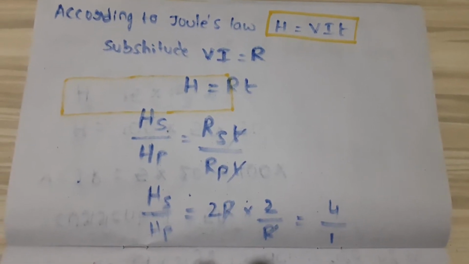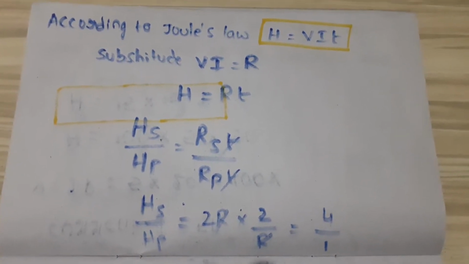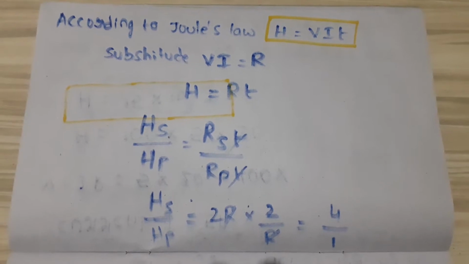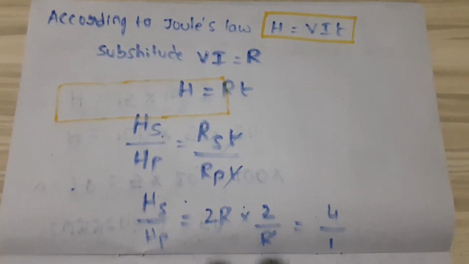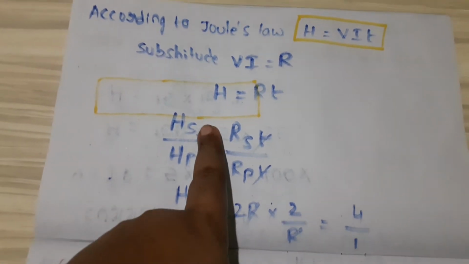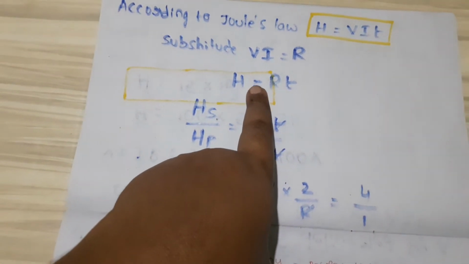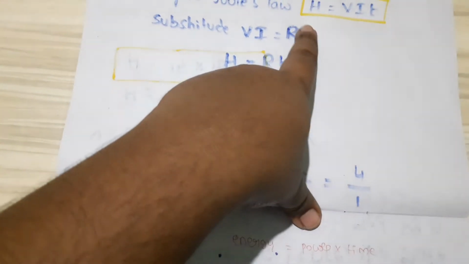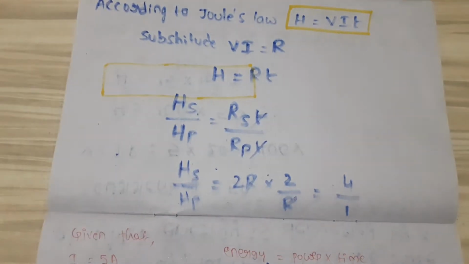So in these two cases, in case of parallel combination and in case of series combination, we have to find out how much heat is produced by using the total equivalent resistance. H equal to VIT formula.